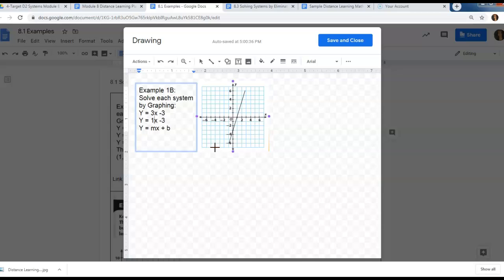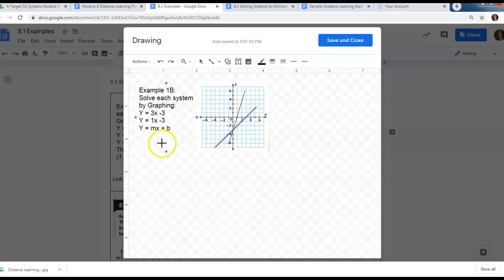So technically I can start right here, as long as it goes through the negative 3 and then rises 1 over 1, rise 1 over 1. So it's going to be going like this.